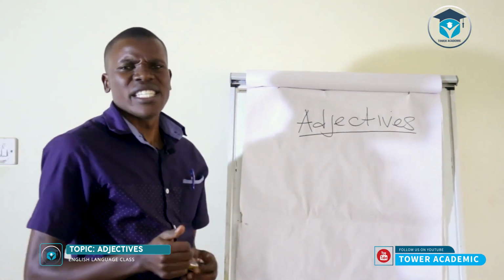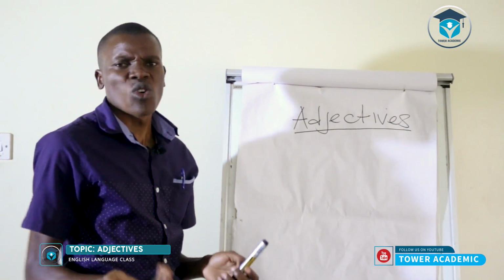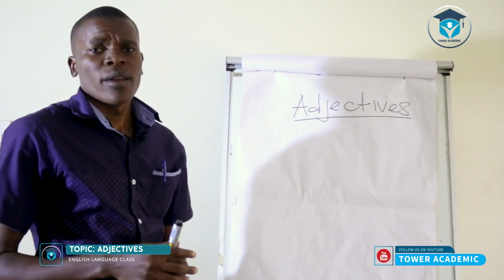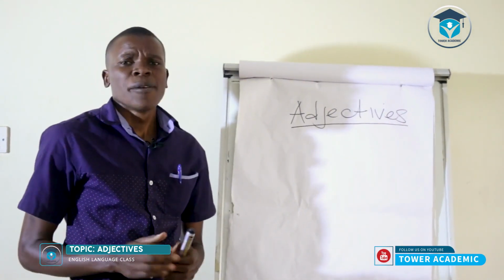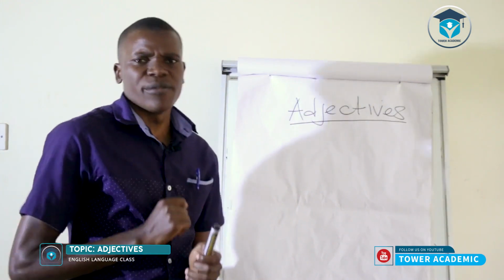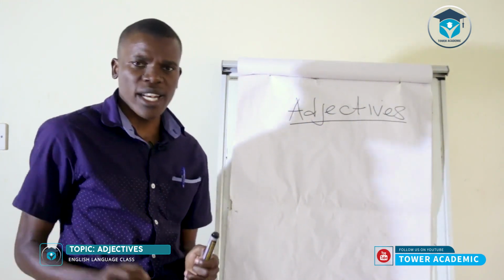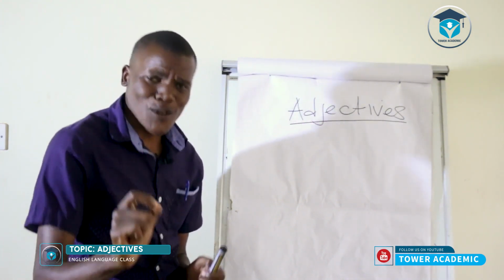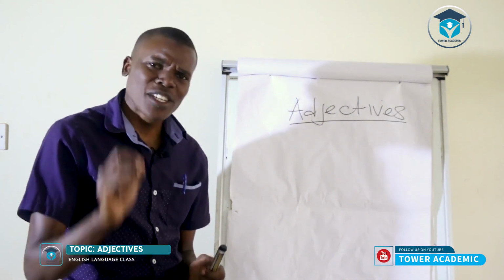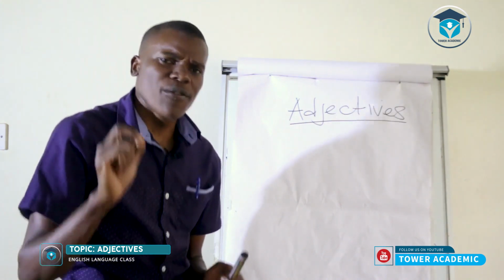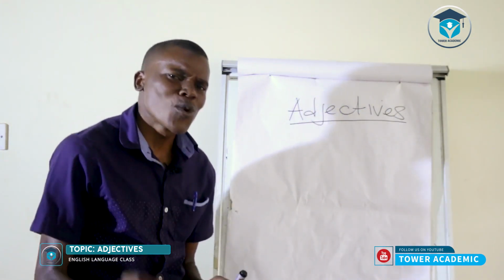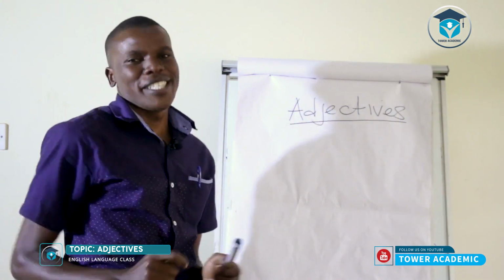When somebody says, I would like to know what an adjective is, we would simply say that an adjective is a type of word which describes. If it does not describe, it qualifies. If it does not qualify, it modifies.